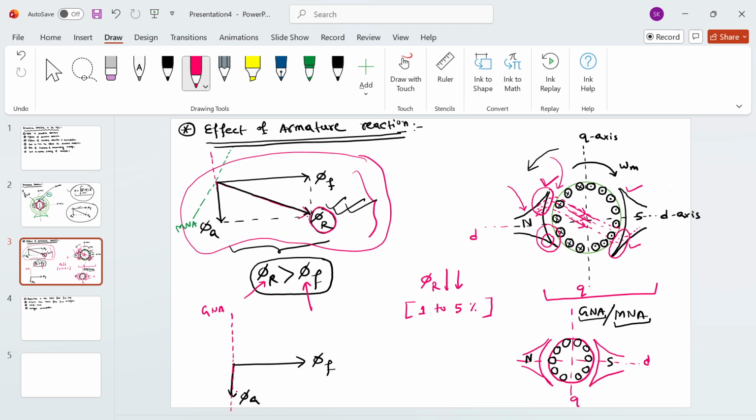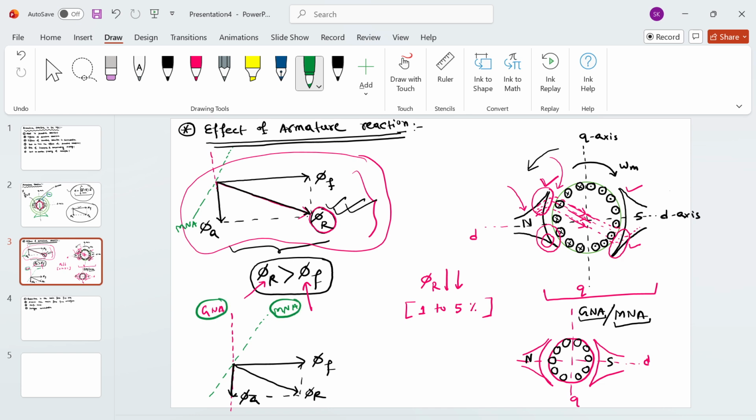This is my GNA, and because of armature reaction I got a resultant flux in this direction. The axis located 90 degrees from this resultant is what we call the MNA, the magnetical neutral axis, and this is the geometrical neutral axis.